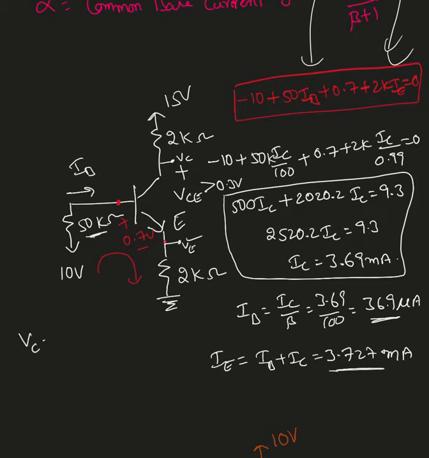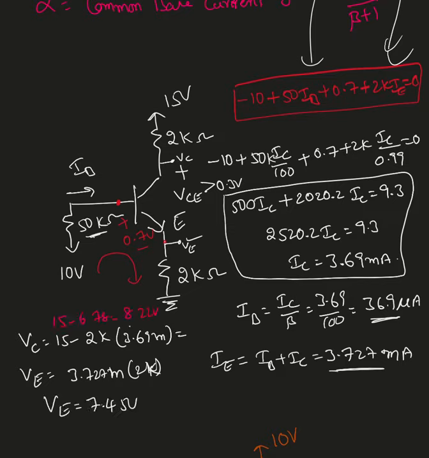What is VC? VC must be 15 minus 2 kilo times IC, which is 3.69 milliampere, and VE equal to IE times RE, so 3.727 milli times 2k. That will give me the VE value, so we can find VCE.